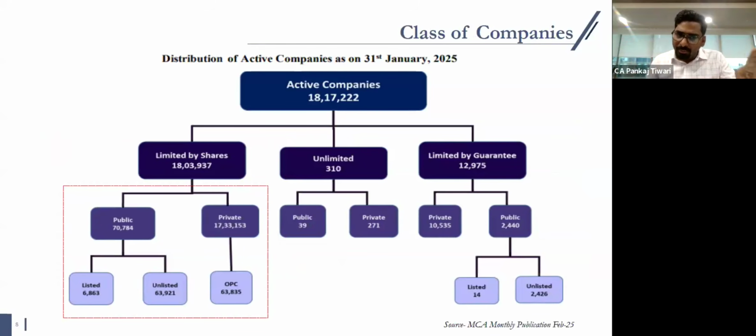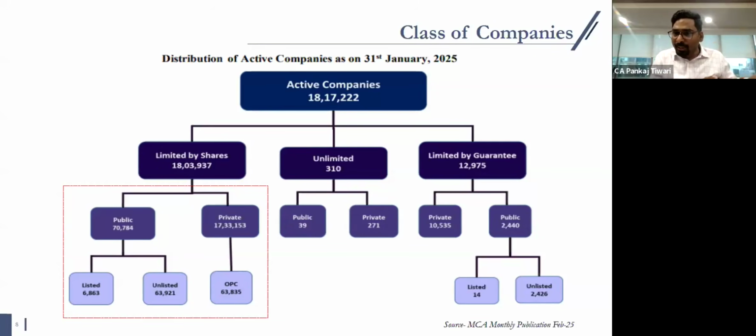Out of that, you have 70,000 public companies and 17 lakh private companies. So if you look at it, the larger proportion is of the private limited companies whose annual reports are not available in the public domain, basically. Out of the public companies also, you have listed and unlisted public companies.